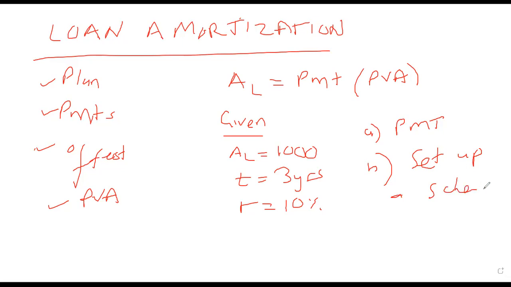So with the parameters given, we're going to say amount of loan is equal to periodic payment times the present value annuity factor, which is given by 1 minus 1 plus r to the power negative n, over r.